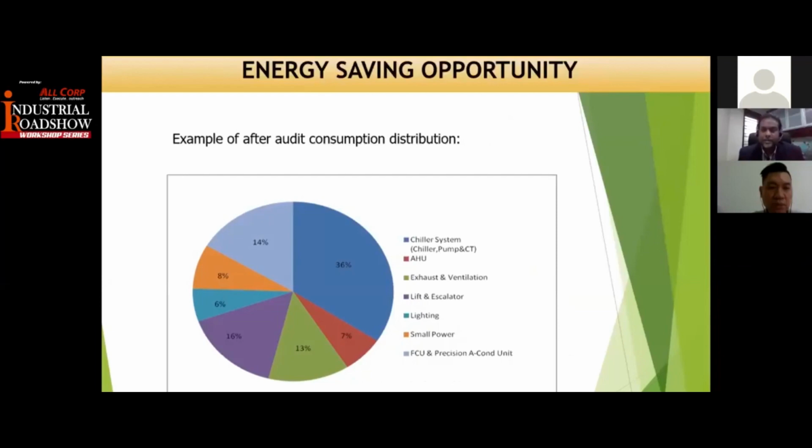So you know the main incoming to your chiller plant, you can measure that, and plot a pie chart to see what percentage the chiller plant is using, how much the compressor plant is using, and lighting. If you cannot measure from your main incoming, you can count the number of lights, measure one or two units, and get this percentage. So this will give you a rough idea of how energy is being used in your plant.